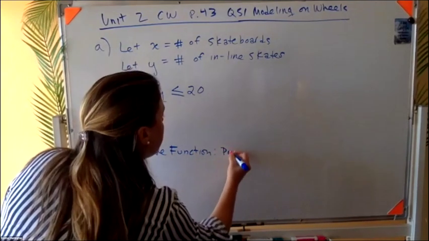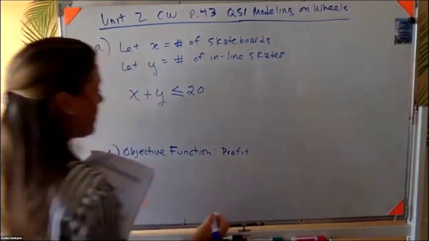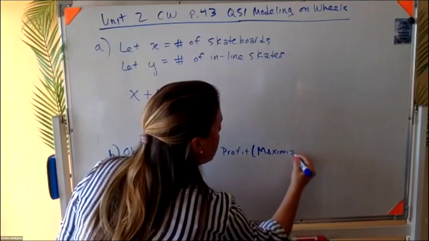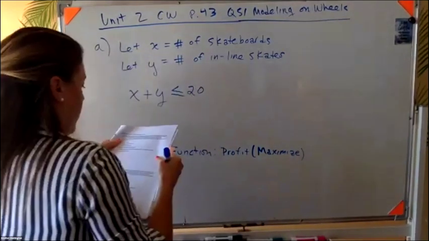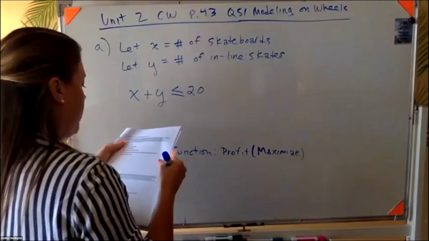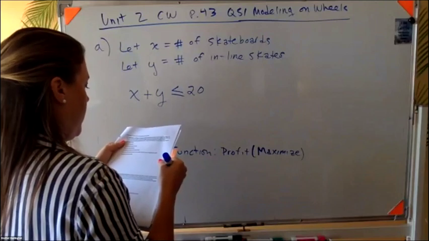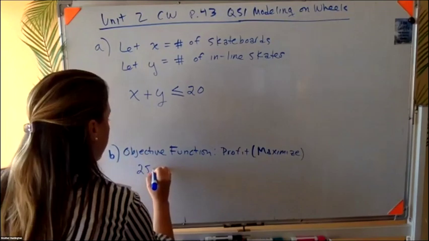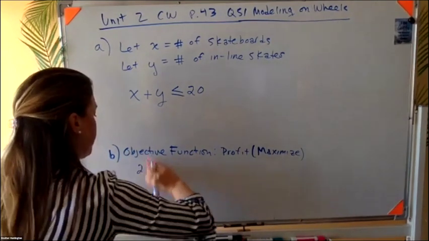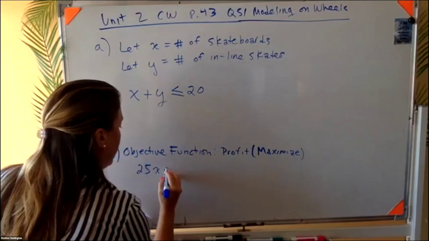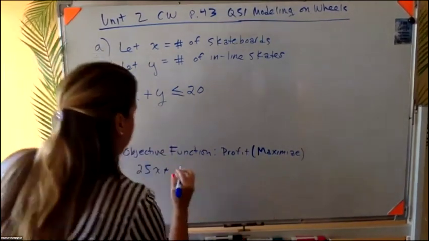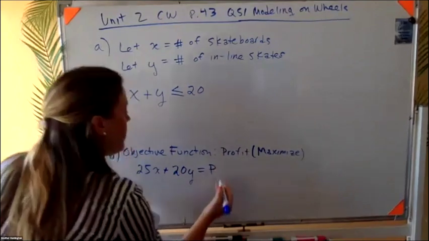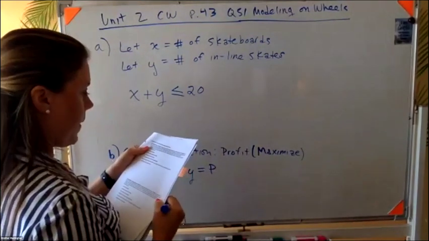It's profit, so we want to maximize it. And it says $25 on a skateboard, so it's $25 on the skateboards plus $20 on the inline skates. So that's going to be equal to our profit.